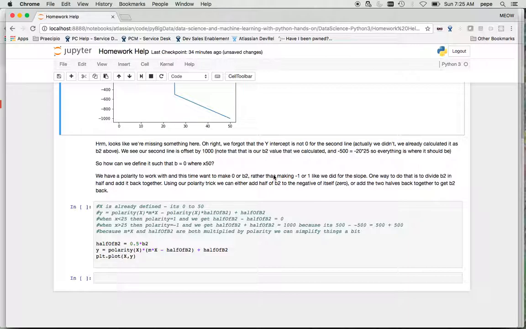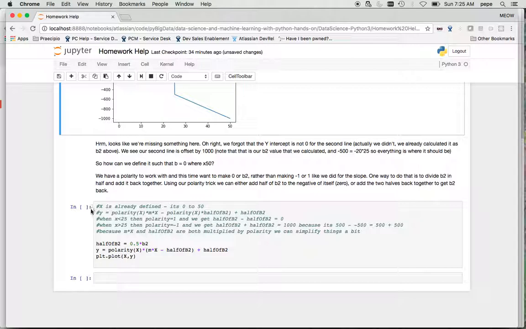If we're greater than 25, we can use our polarity to make half of B2 positive and then add that to the other half of B2, we get B2 back. Spend a little bit of time thinking through that. This was not all that easy to come up with. I'm sure there's actually a way to derive it, but I just thought through it.